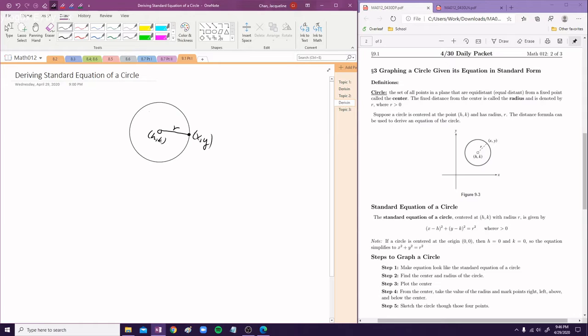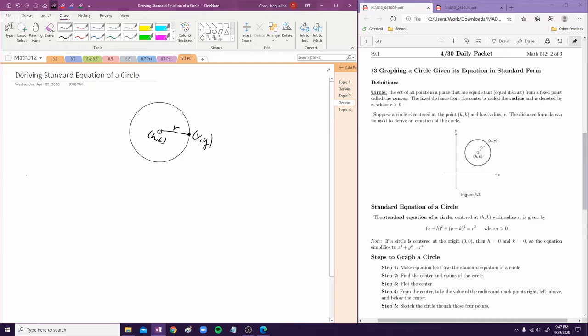To derive the standard equation of a circle, we can actually use the distance formula. Why can we do that? Because the radius is our distance between (h, k), our center, and (x, y), a point on the circle.